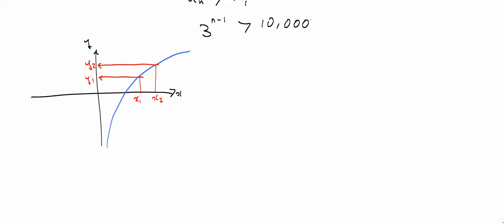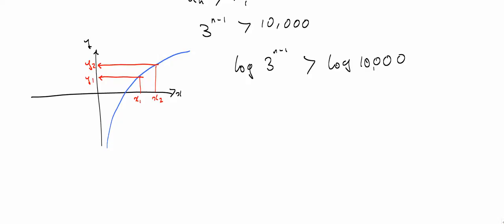If 3 to the n minus 1 is x2, and 10,000 is x1, we can say the logarithm of 3 to the n minus 1, which would be y2, beg pardon, would be greater than the logarithm of 10,000, which is y1. Therefore, we can take logarithms of both sides, and the inequality is still true. So the logarithm of 3 to the n minus 1 is greater than the logarithm of 10,000.